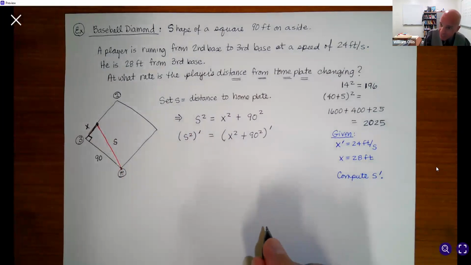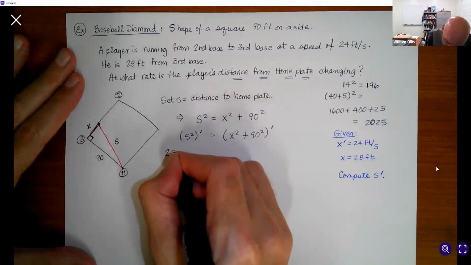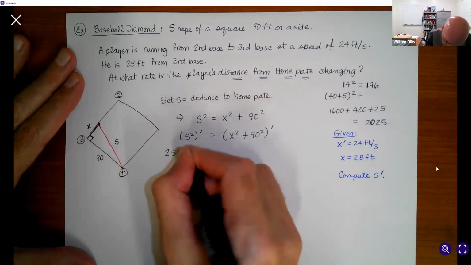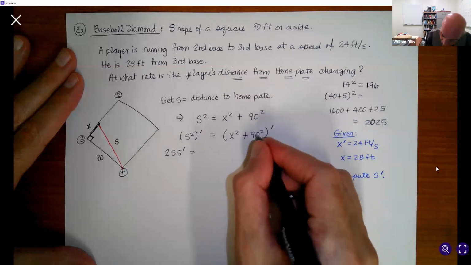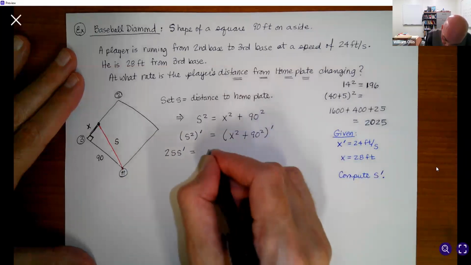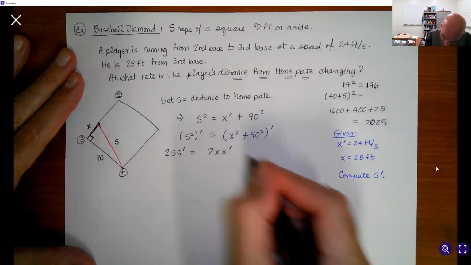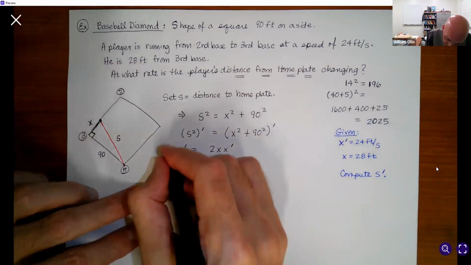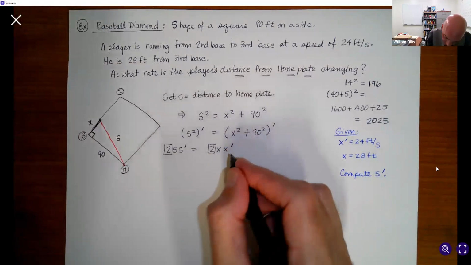So we can apply the implicit technique. So we get 2S S prime equals, again, the linearity, the derivative of the 90 squared is just 0. So we get 2x x prime. So now the 2's absorbed. And so now we can solve for S prime.